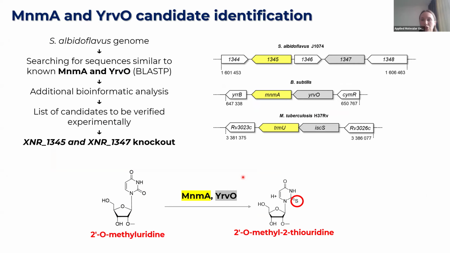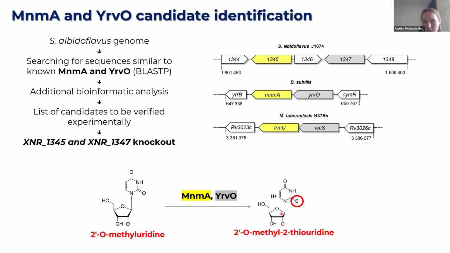Okay, and the next short story will be about two enzymes, MnmA and YrvO, involved in s2U formation. So here we have the U that we are familiar with, and these two enzymes catalyze the formation of s2U.